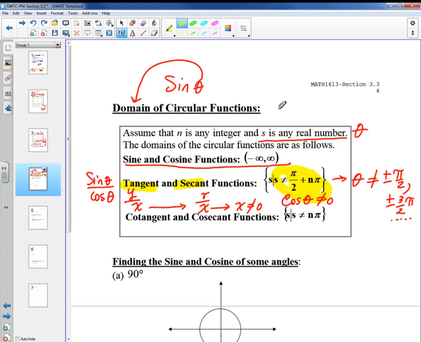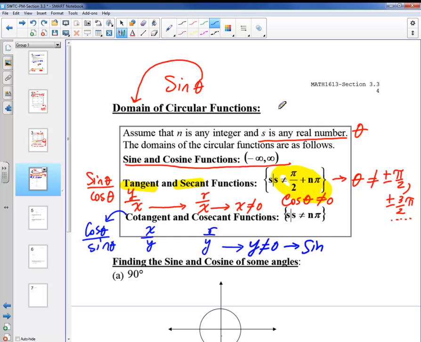However, when we get to cotangent and cosecant, it is the reverse. That is x over y and r over y. Or if you're looking at the identities, that will be cosine of theta over sine of theta. So this time we're saying that for cotangent and cosecant, y cannot be equal to 0. That's saying sine of theta cannot be equal to 0.